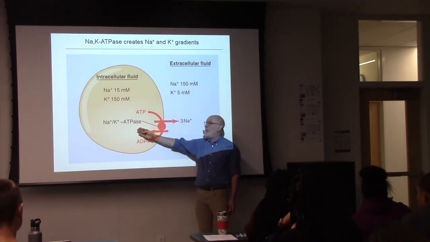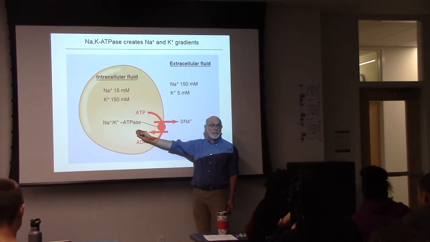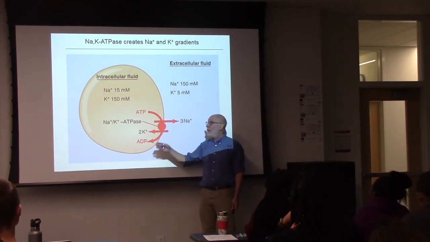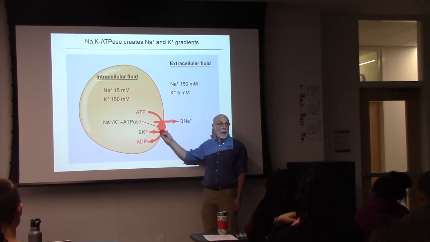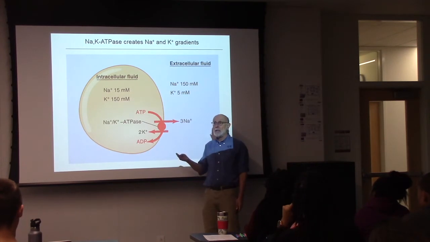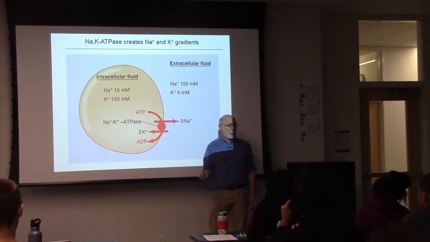If the cell is highly negative on the inside, that is an energy that this pump would have to overcome, in addition to the gradient. In other words, this pump both creates and is sensitive to electrochemical gradients.